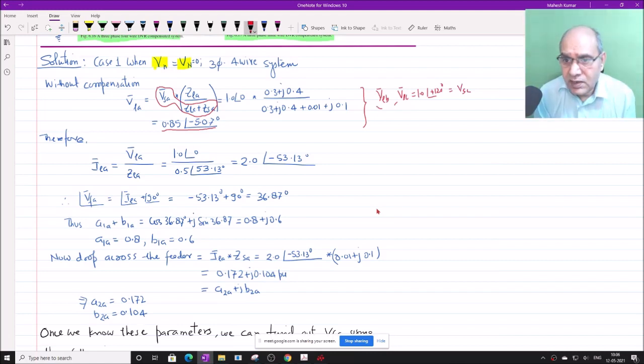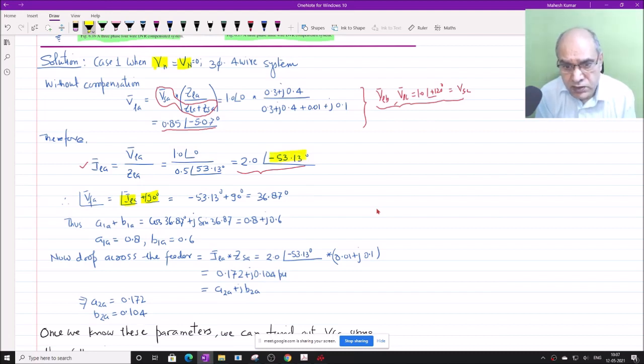This will be done in the next section. So we are solving phase-wise. For this VLA, we have to find what the DVR voltage VFA is. For that we will first calculate ILA, and then the angle of VFA will be the angle of ILA plus 90 degrees.